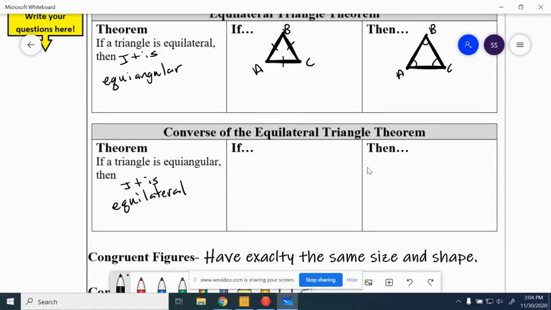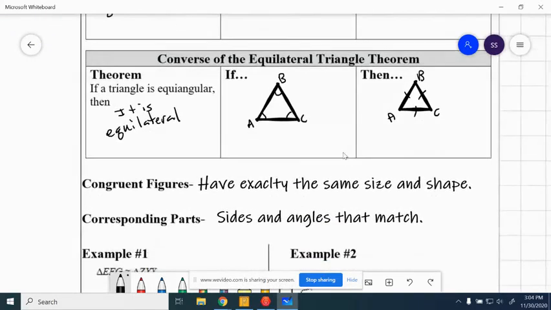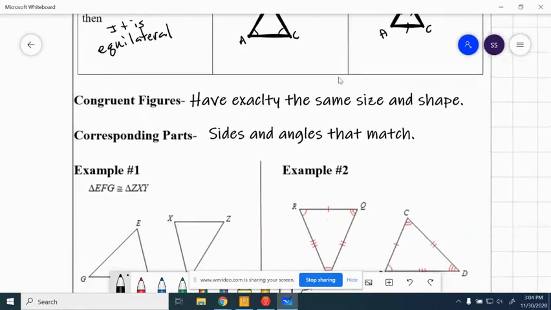Okay, so if we've got this triangle ABC, and I know that all the angles are congruent, well then I also know that A, B, C, that all the sides are the same as well. Okay.